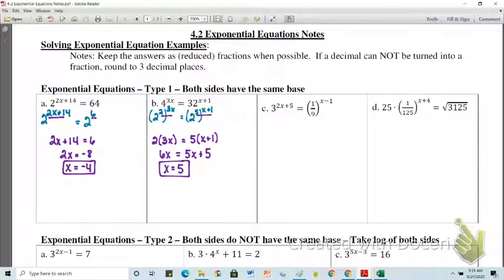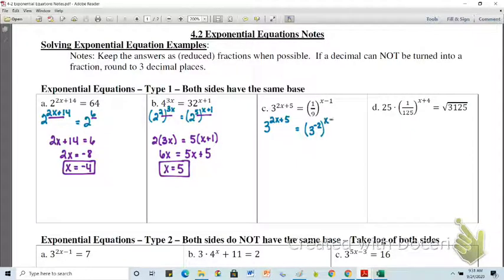For C, my common base is 3, so the left side is fine. 3 raised to the 2x plus 5. My right-hand side, I need to write 1/9 as, remember, 3 to the negative 2. 9 is 3 squared. I need to make it a negative to bring it up into the numerator position.